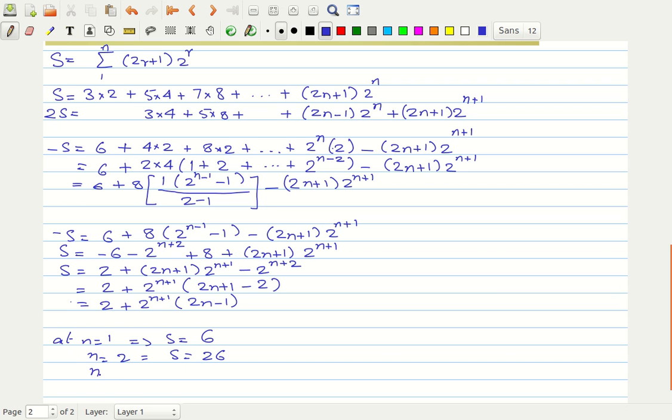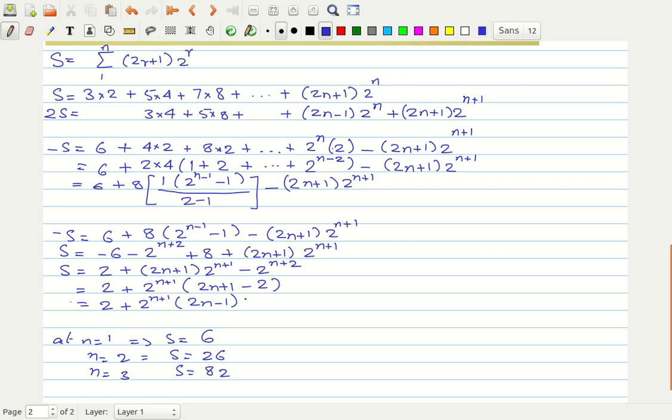And at n is equal to 3, you can see that this will be equal to 2 to the power 3 plus 1 is 4, which is 16. 16 times 5 is 80, and 80 plus 2 is 82. So f will be equal to 82.